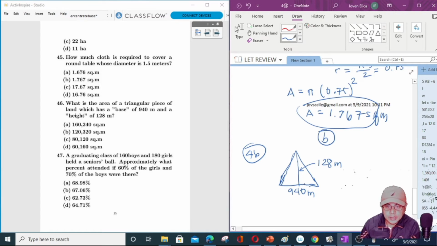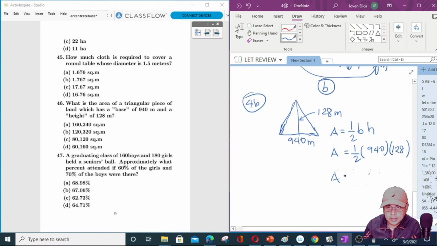So we are asked to find the area of the triangle. We all know that the area of a triangle is 1/2 base multiplied by height. So base is given 940 and height is 128. It's straightforward substitution. 1/2, 940 meters multiplied by the height of 128 meters.